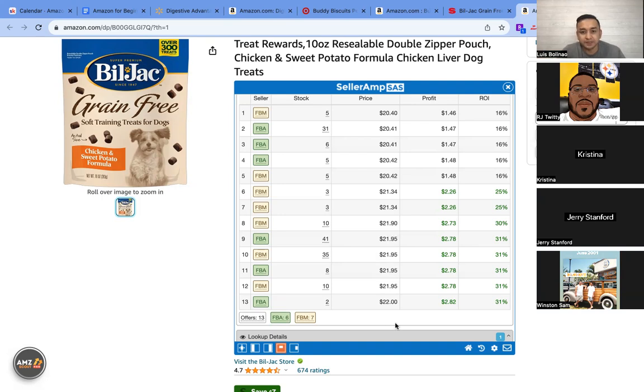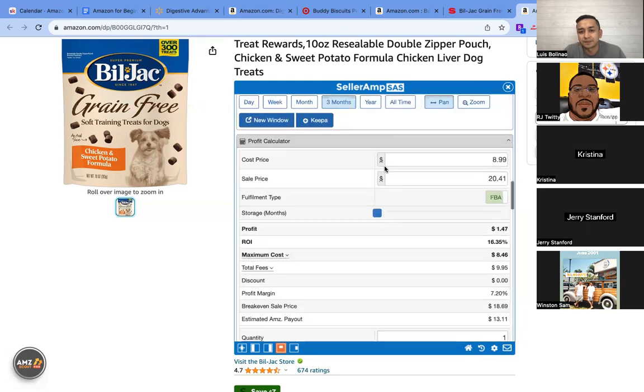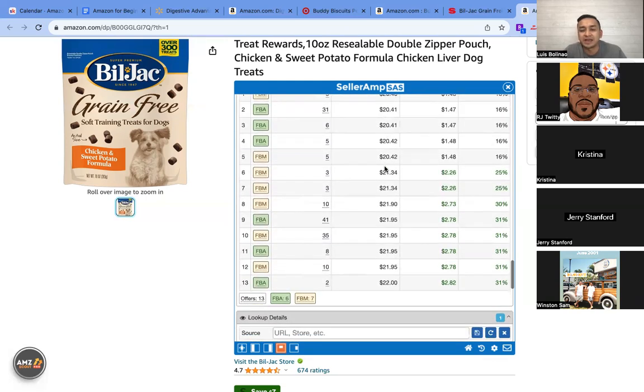For this one, I'm looking at everyone just because they're priced pretty close to each other, like 20, 21, 22. So for this example, I'm looking at the whole thing, because the way the buy box works and how the share works is really not clear.